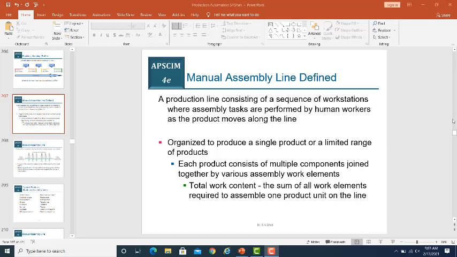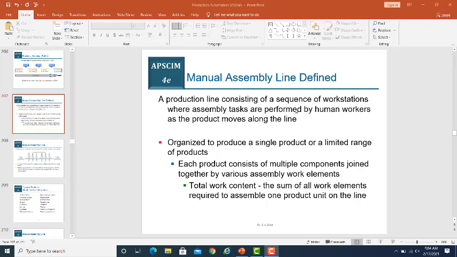So, manual assembly line. As you all know, in most assembly setups you have multiple workstations arranged in some specific sequence. Normally, you have a base component which enters the system.